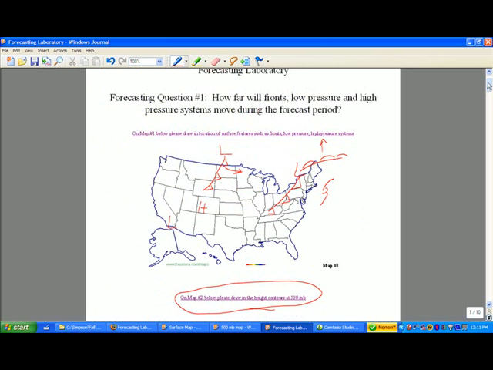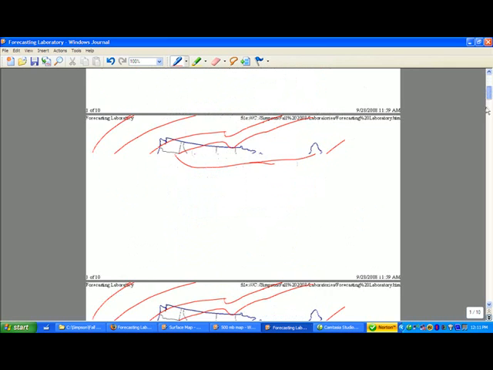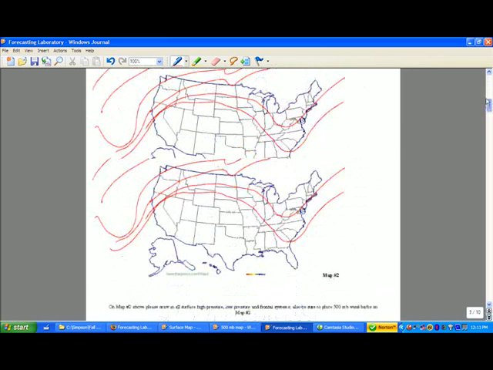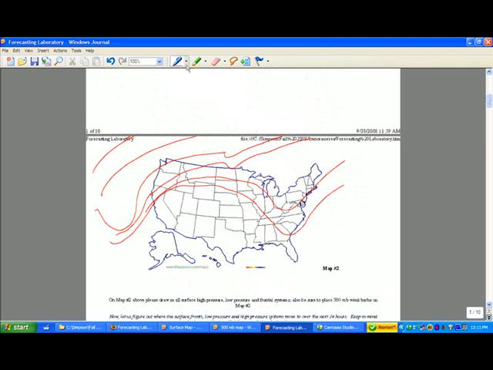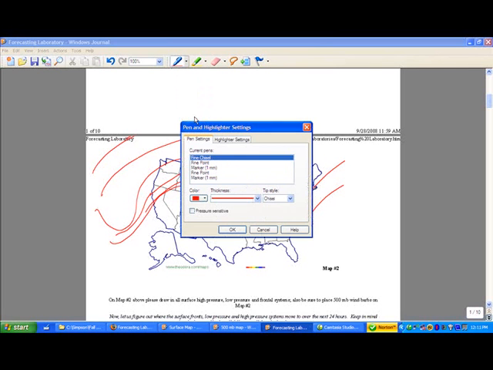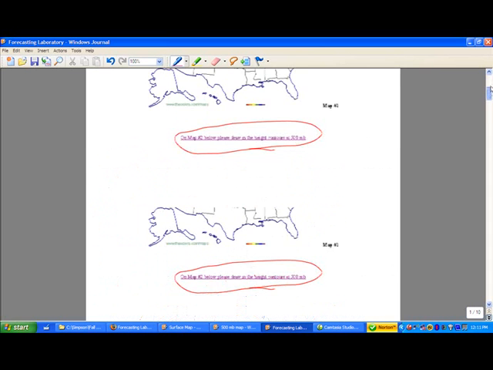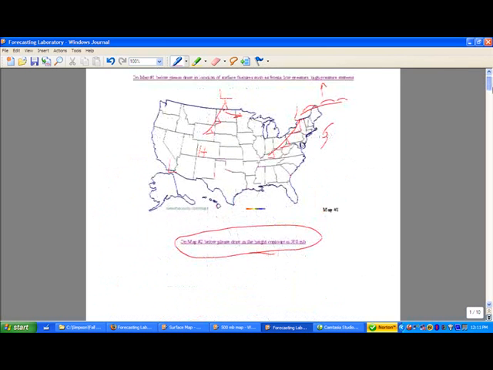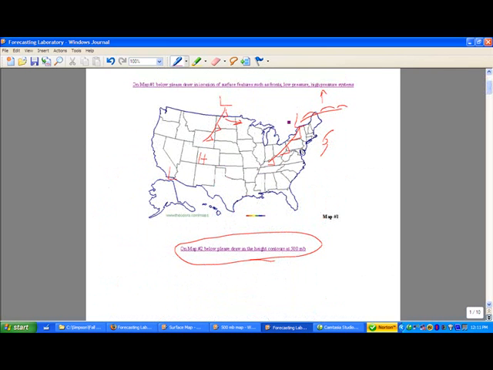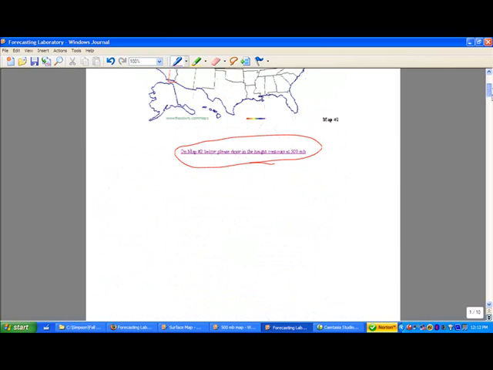So I'm going to go back up to my map number 1, take all the features on map number 1, and place them on map number 2. And since I used red for the isohypses pattern, I'm going to change to a different color. I'll go ahead and just make this purple. That'll stand out as a contrast.